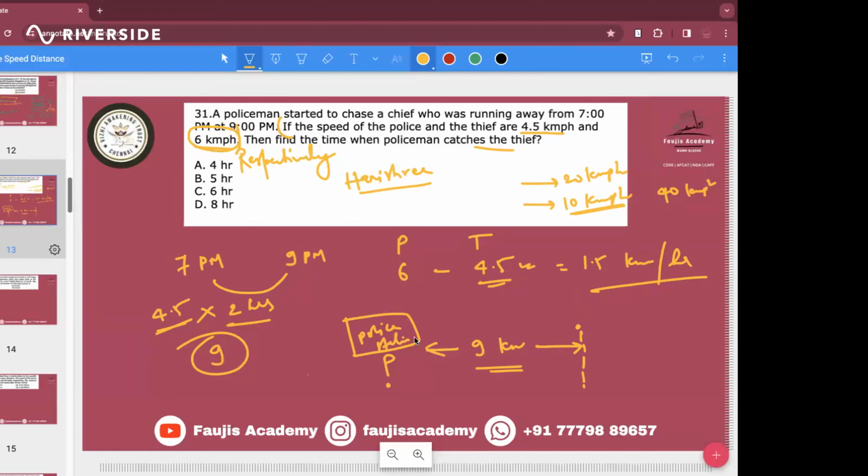The difference in distance between the police and thief after 2 hours is 9 kilometers, and the speed difference of these two is 1.5 kilometers per hour. So the police will slowly and gradually start covering the distance, reducing it at the rate of 1.5 kilometers per hour.